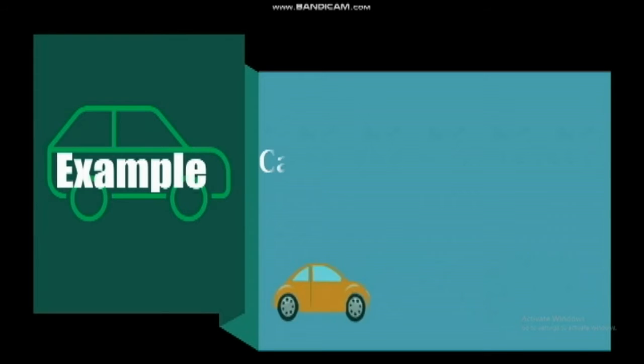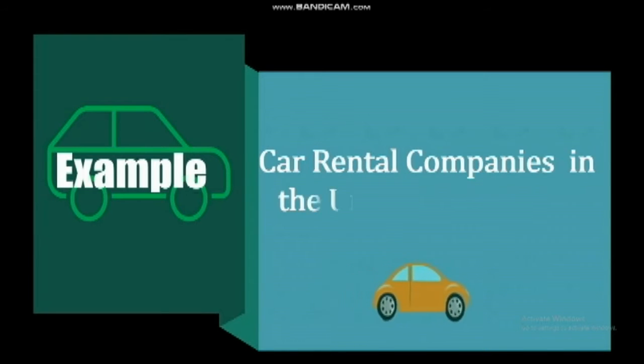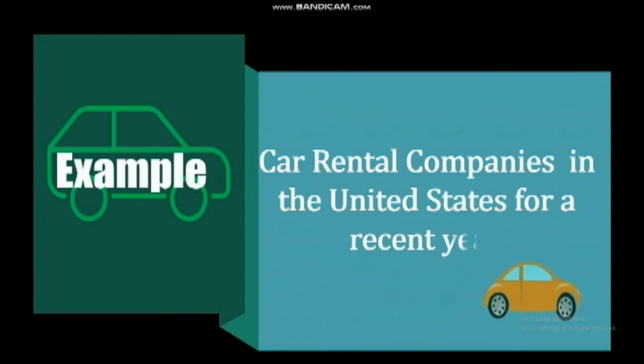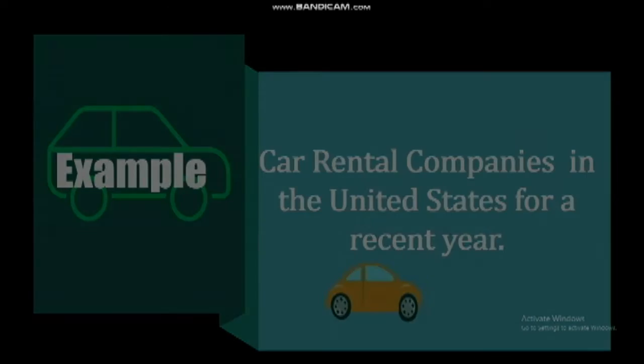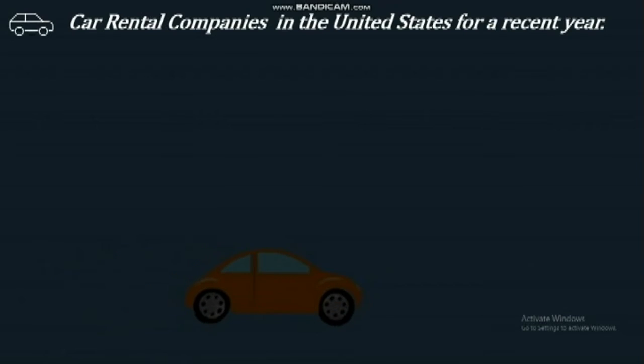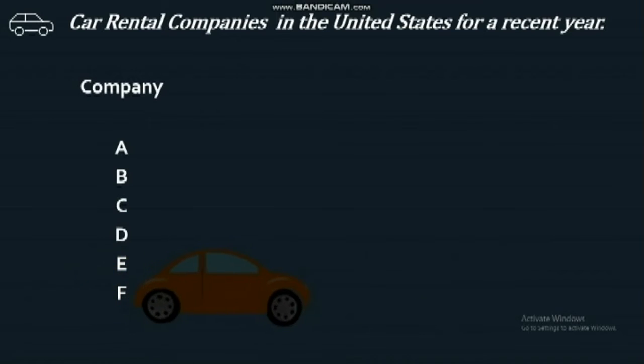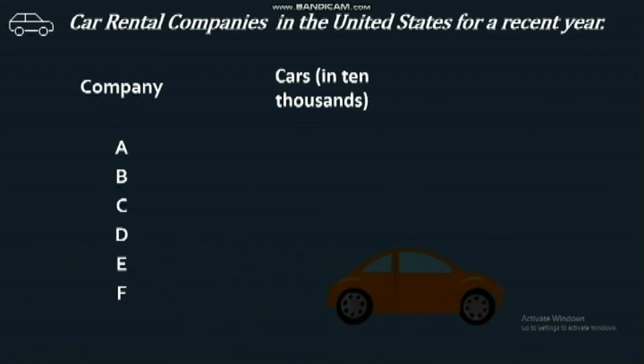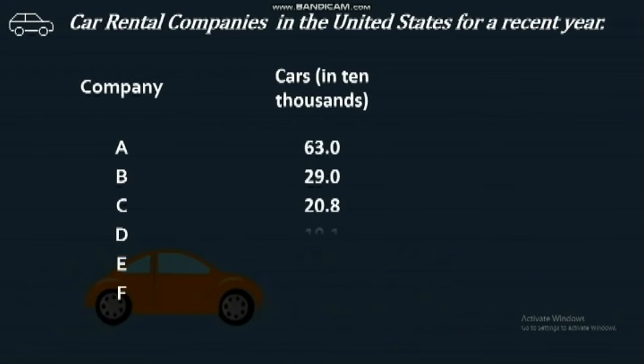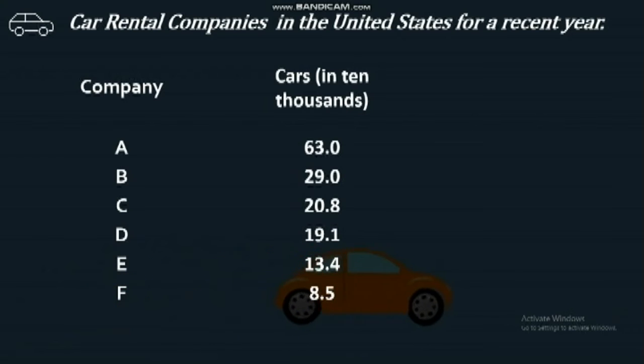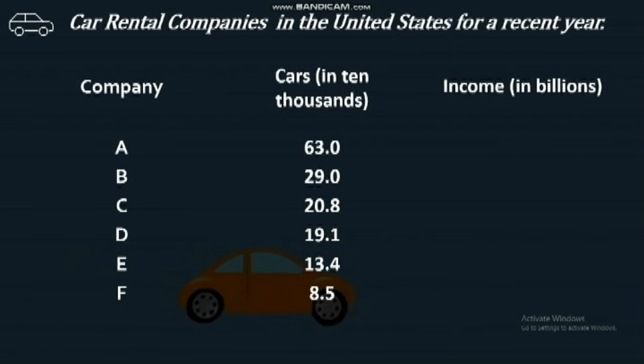So let's proceed to the example, which is the car rental companies in the United States for a recent year. Given the set of data, companies A, B, C, D, E, and F, the cars in 10,000s: 63.0, 29.0, 20.8, 19.1, 13.4, and 18.5, as well as the income in billions.